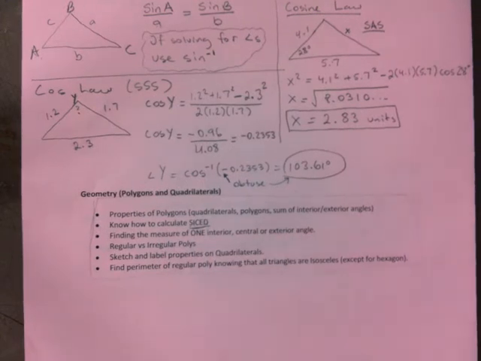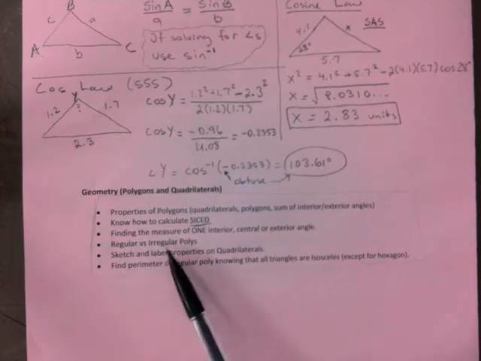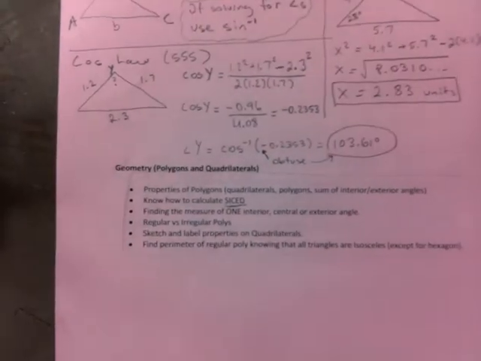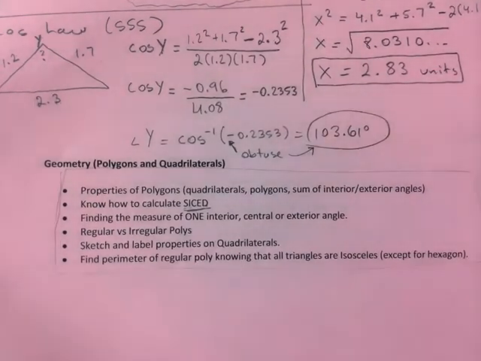You should have that on your study sheet. What does regular versus irregular polygon mean? Regular polygon, all sides, all angles are the same. Irregular, they're not all the same, right?